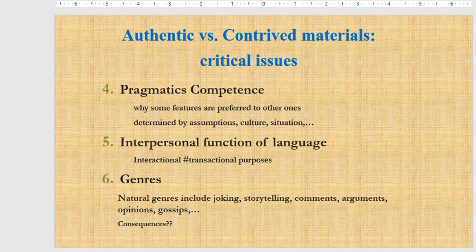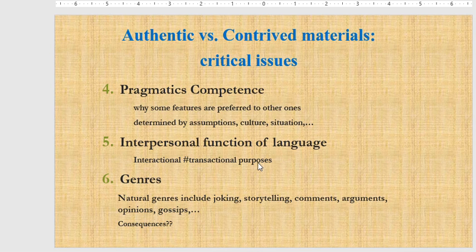Factual information is not that important. The language used by husband and wife, or a son and his mother, a daughter and her father, is more interactional or interpersonal than transactional, because they are familiar with the factual information, but they just want to show that they care about each other. They take care of those topics, problems and issues.